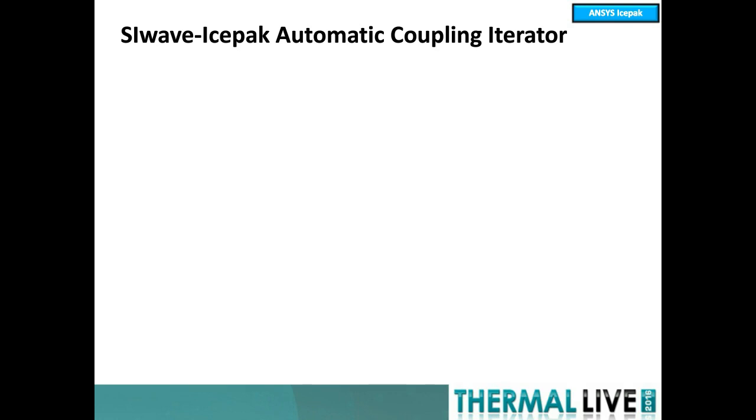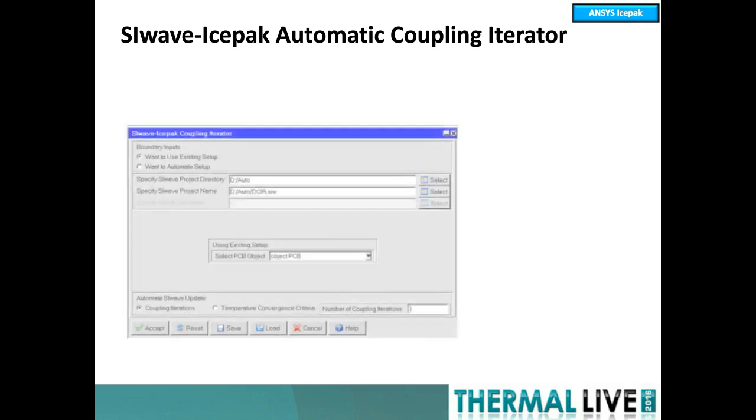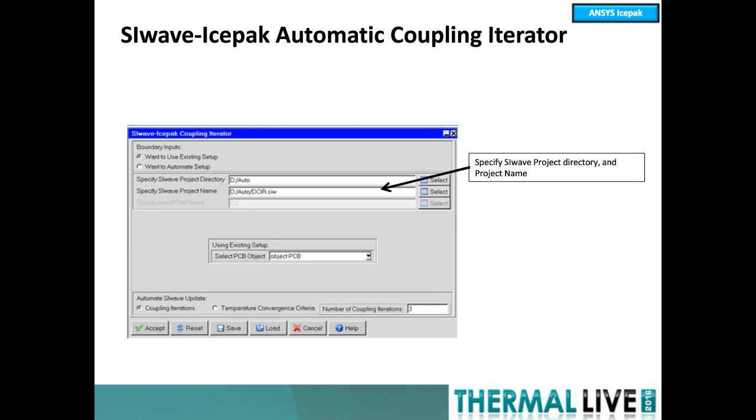The coupling between SI wave and IcePack is automatically performed by this coupling iterator shown here. This coupling iterator proceeds until you get thermal convergence. To set up the coupling iterator, in this panel, you just specify the SI wave project directory and project name, and you specify the printed circuit board in IcePack corresponding to that SI wave project.